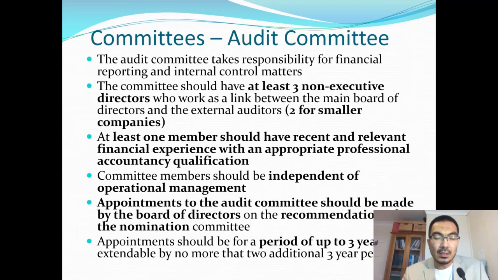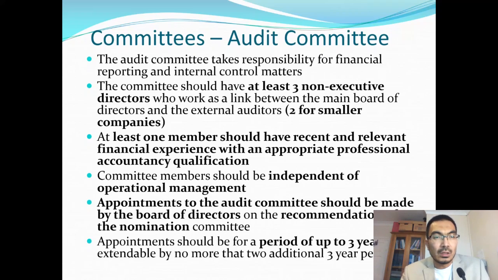The audit committee is a subcommittee of the board of directors, usually containing a number of non-executive directors. For example, in the UK, the corporate governance code states that an audit committee should consist of at least 3 independent non-executive directors. Roles and responsibilities of audit committee members should be set out in written terms of reference.